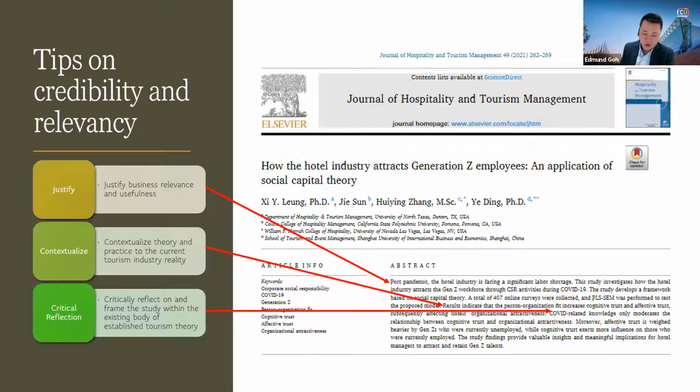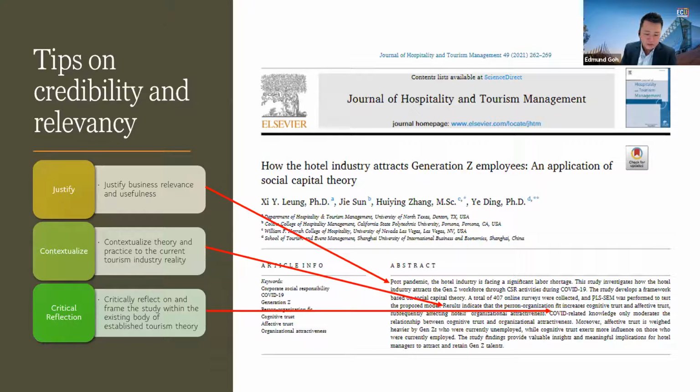Another way to establish credibility and relevance in tourism and hospitality is that you need to be critical and engaged with the past literature. That's something very important. You really need to have good literature review coverage to ensure that you cover the essence of hospitality and tourism past literature.